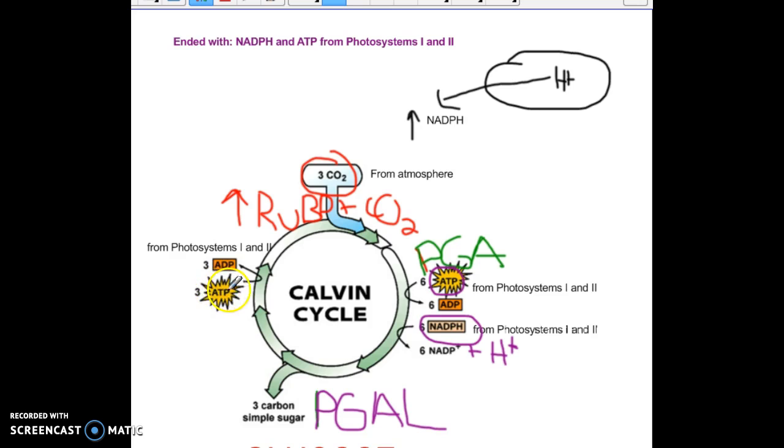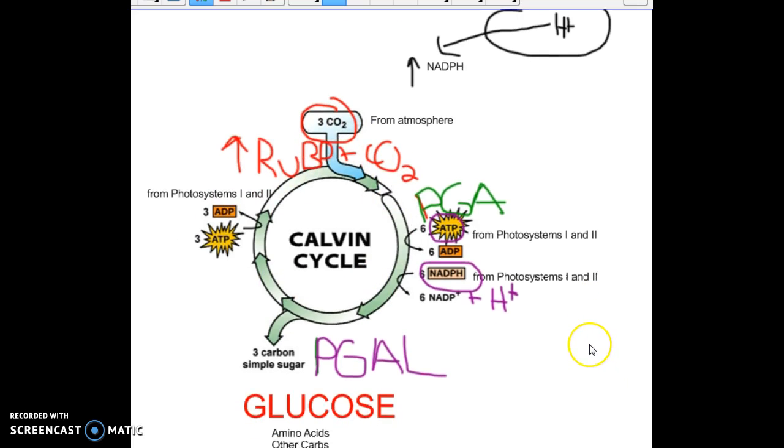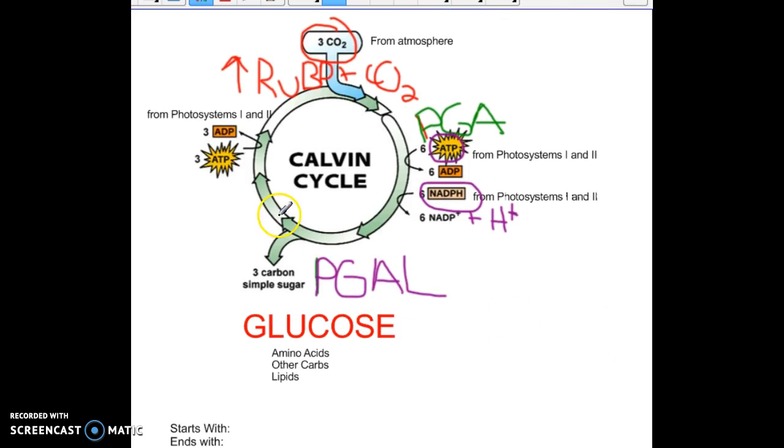I take adenosine triphosphate, break off the phosphate group, and it goes down to adenosine diphosphate. In the process of donating that phosphate group, I now release electrons, and those electrons can be used to push this further along.